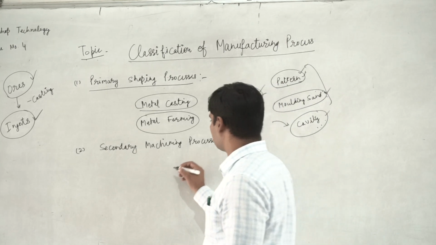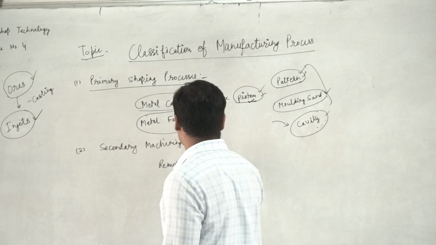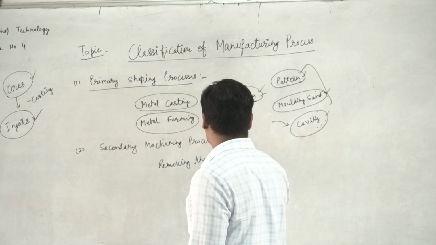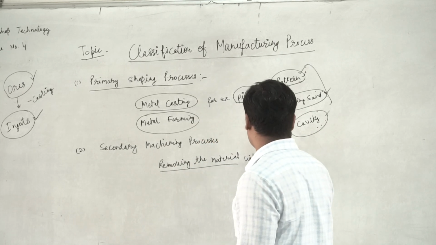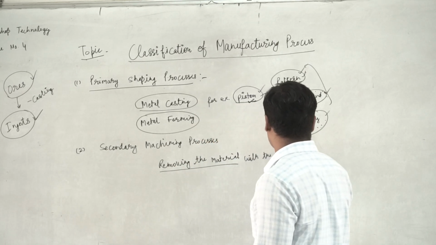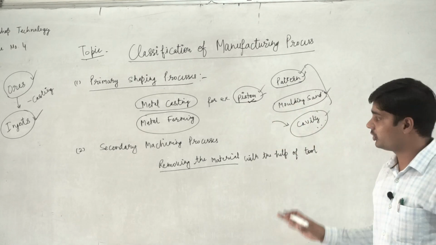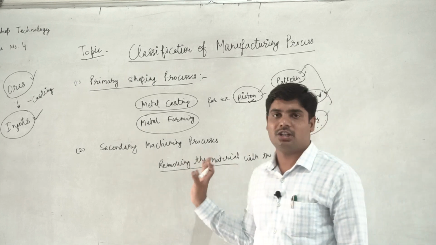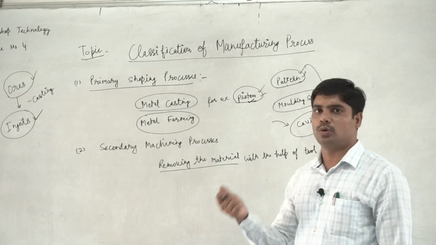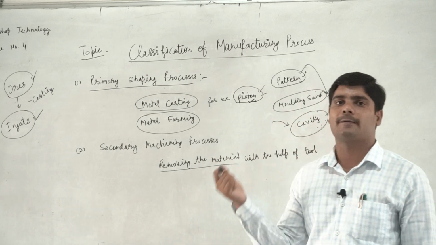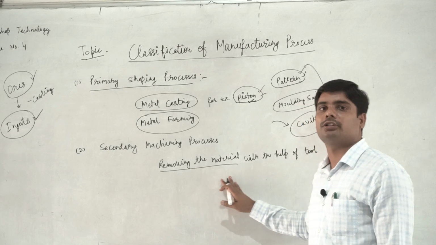And now we are only removing the material with the help of a tool. Means always in machining processes the size is big, but with the help of a tool continuously we will remove the material or we can cut the material, then our size is continuously decreasing.